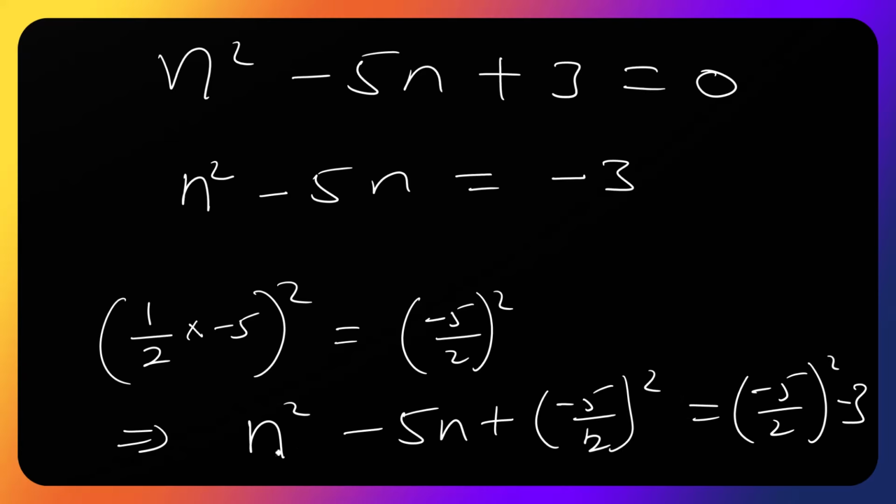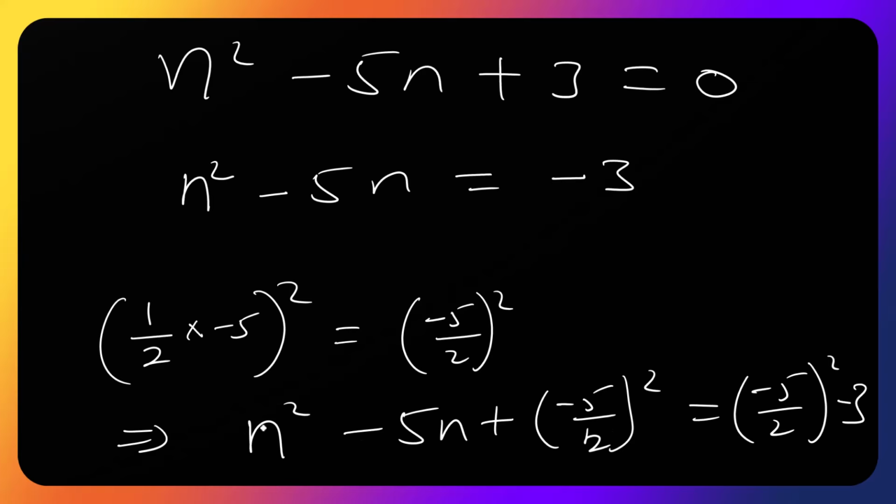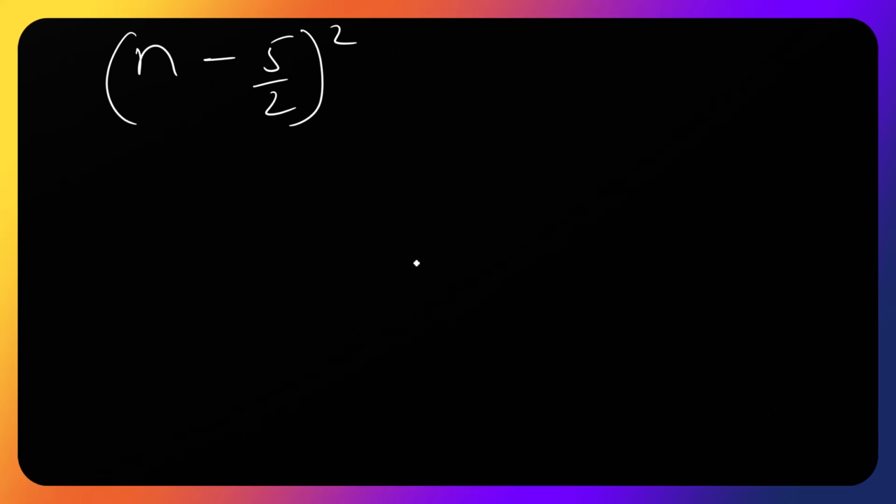Okay, so I'll pick this and that. So we have n minus 5 on 2, all squared, equals minus 5 on 2 all squared minus 3.